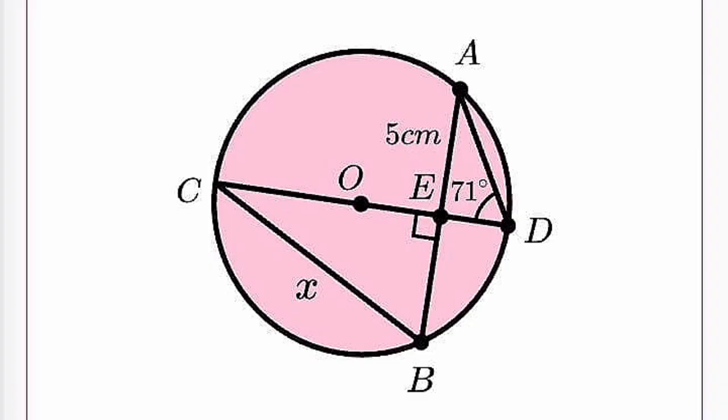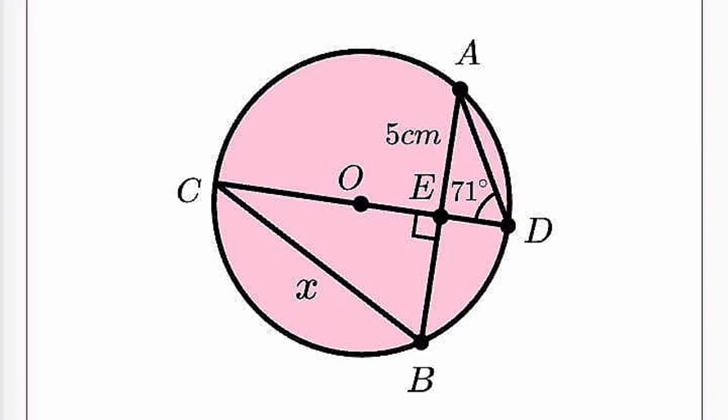So we found angle 71 for the B of triangle BCE, and we found 5 cm for the base of that triangle, that's BE, and then X is on the other side. So we have all it needs to solve for X using Pythagoras theorem or trigonometry. So we have the angle given to us. We don't have the opposite.